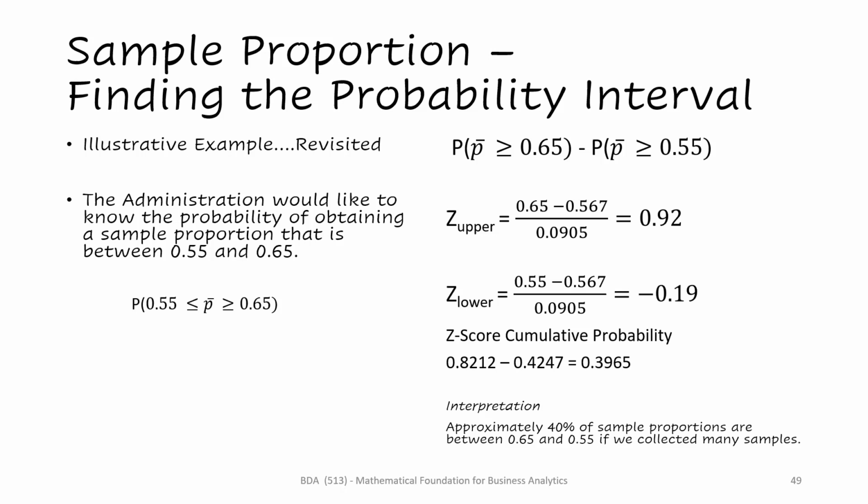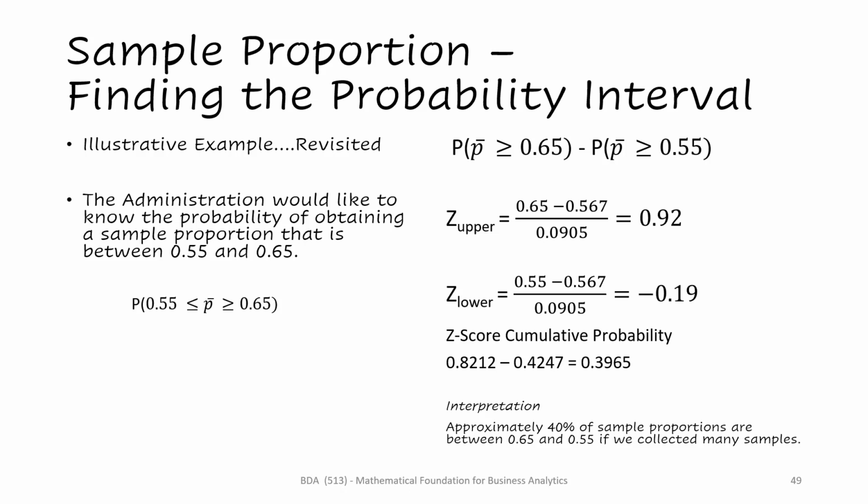Like we did for our first calculation, we can calculate the z-score for the upper. The upper here is 0.65 minus our sample proportion of 0.567, divided by our standard error of 0.0905. That gives us 0.92. And then we calculate that for our lower too, we get negative 0.19.